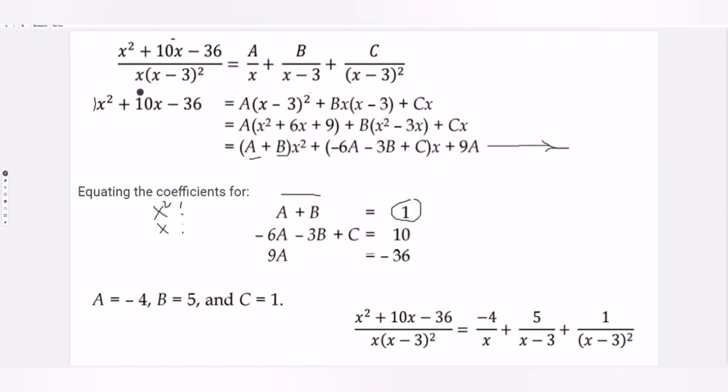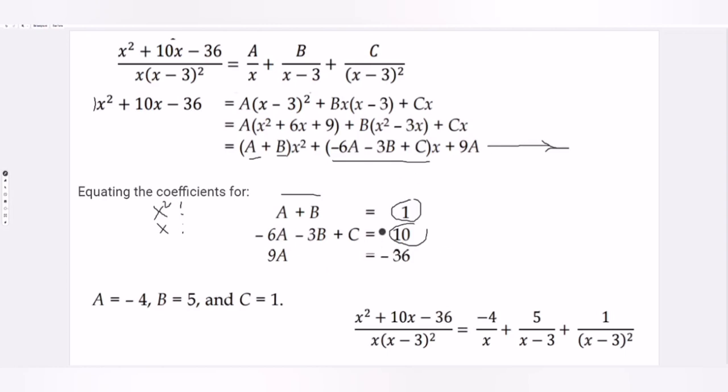On the left side, we have 10. On the right side, negative 6a minus 3b plus c. For our constant, negative 36, and then 9a. This is how important this method is in this kind of solution.